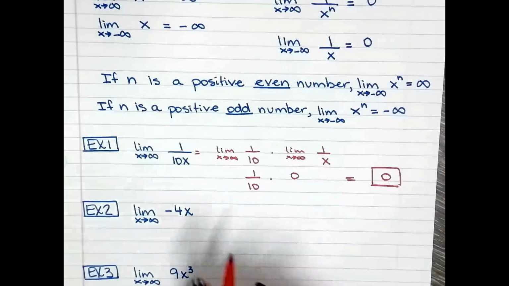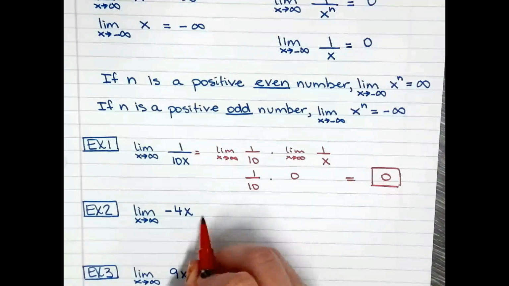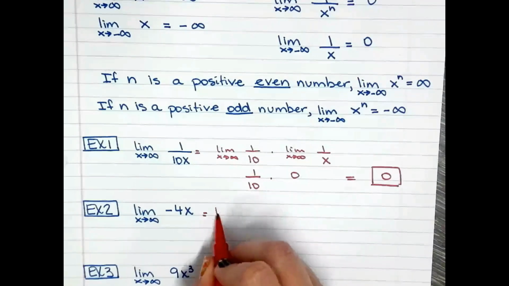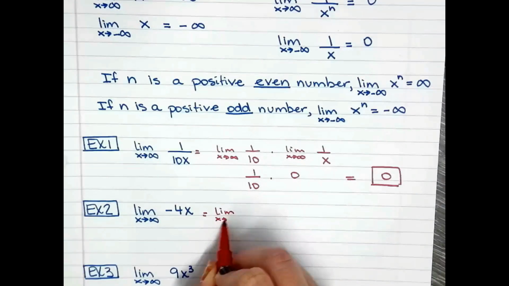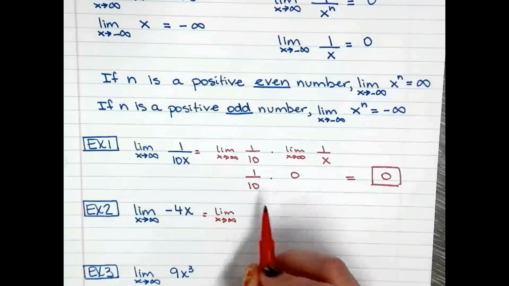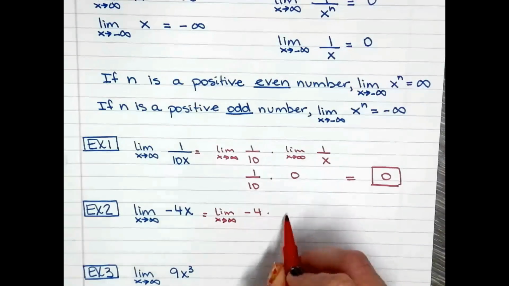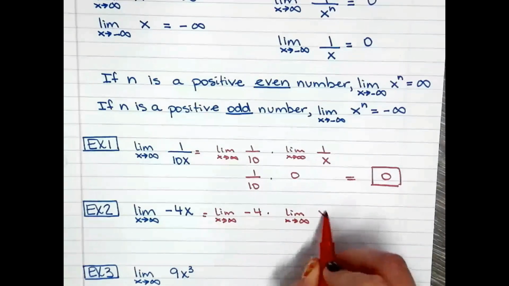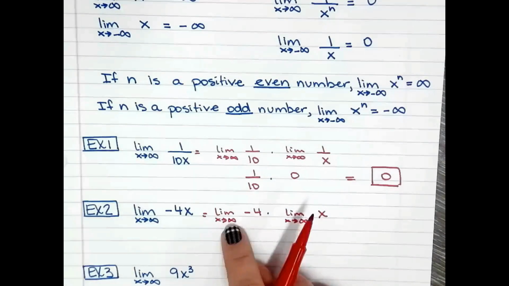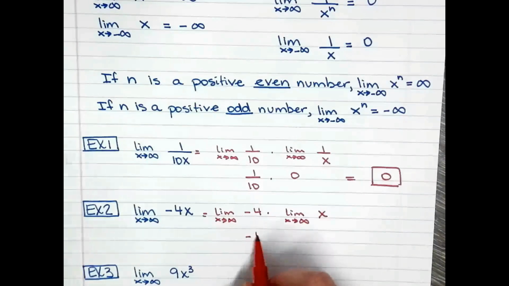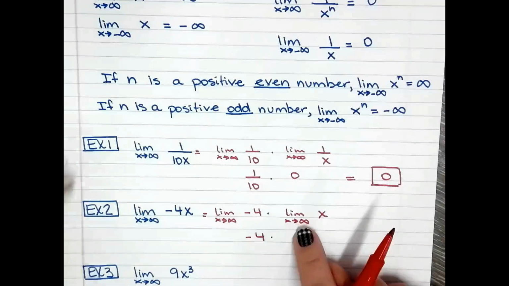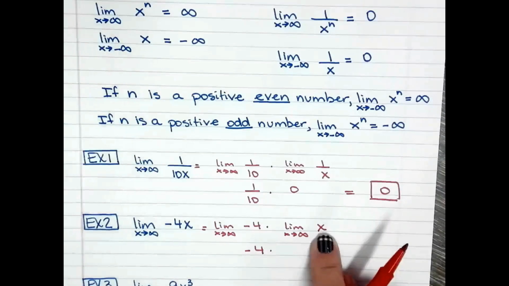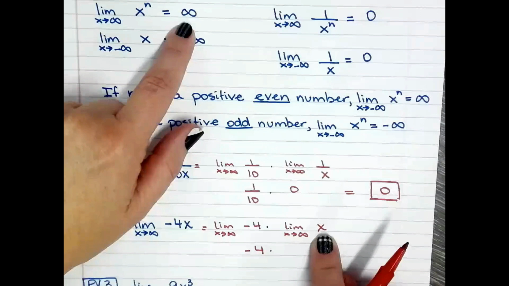Just prove your thought. Okay, so this one I'm going to take the same approach as number 1. I will split this up into 2 limits: the limit as x approaches infinity of -4 times the limit as x approaches infinity of x. Again, the limit of a constant is the constant. And then the limit as x approaches infinity of x, that'll be infinity.